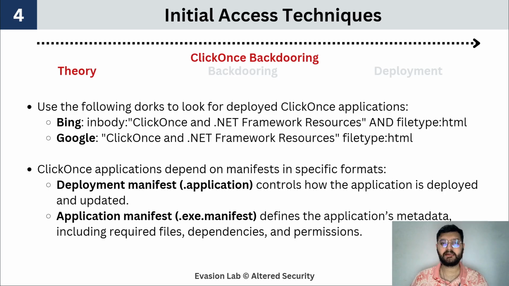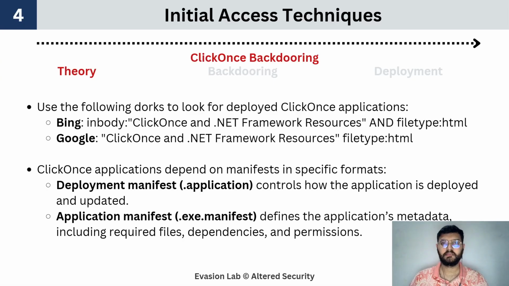The other manifest file is the deployment manifest with the extension .application. This manifest file is responsible for deploying and updating the ClickOnce application. The application manifest can be found in the application installation folder. For this lab demonstration, we have downloaded the deployment manifest in the evasion/tools directory.